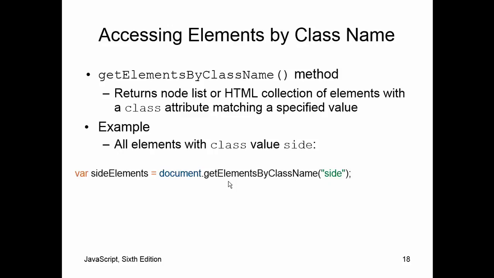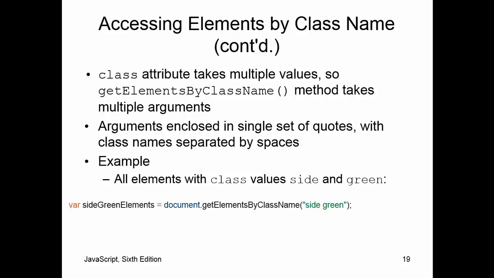Here's an example. This says find every element that has a class associated with it of side, and grab all those elements and put them into a collection called sideElements. Again, that could be as small as having nothing in it, or as large as having all sorts of stuff in it, depending on what met your criteria.